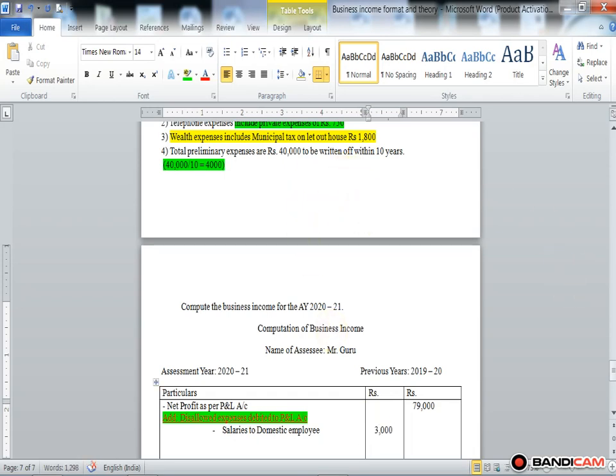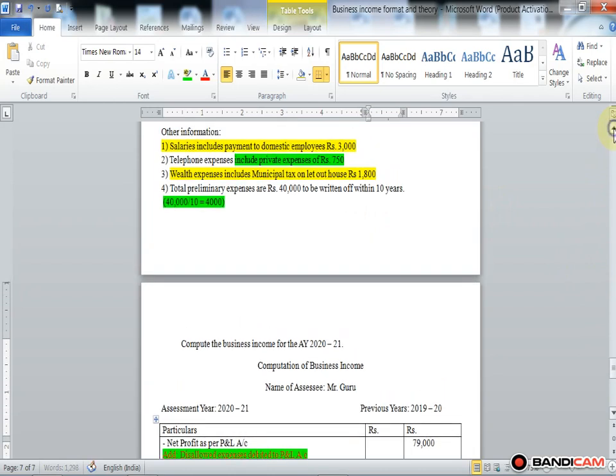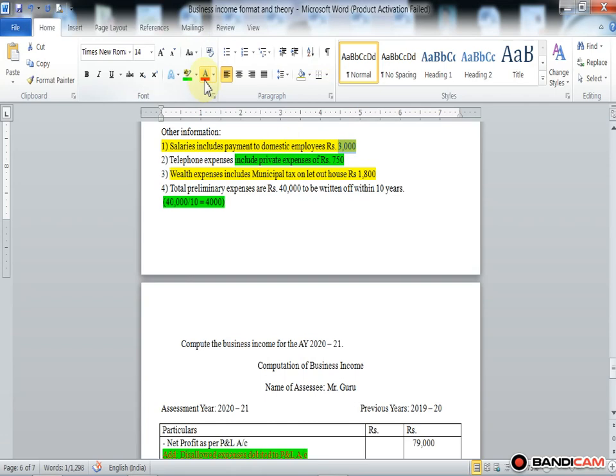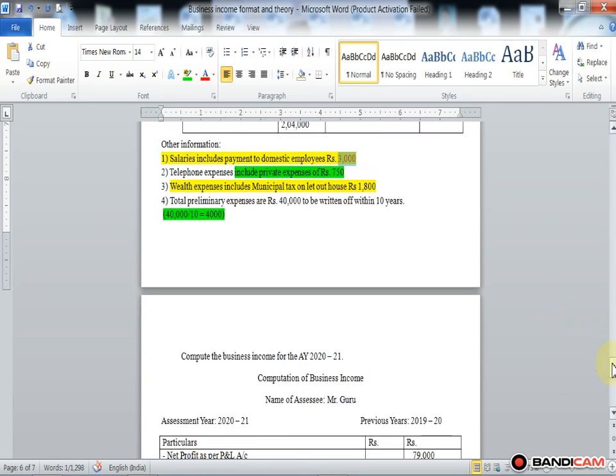See how much salary is paid to the servant, that is 3,000. So this 3,000 is a disallowed expense in the business. It is not related to business expenses, so we add this 3,000 to net profit.